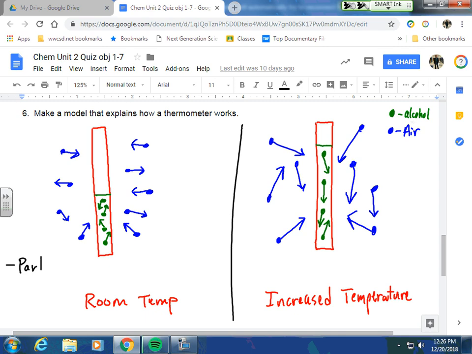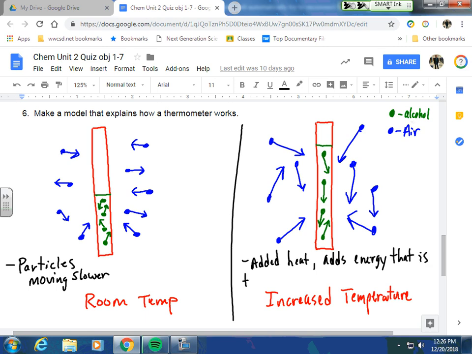particles moving slower, room temperature, and then adding heat. Added heat adds energy that is transferred to particles inside thermometer.